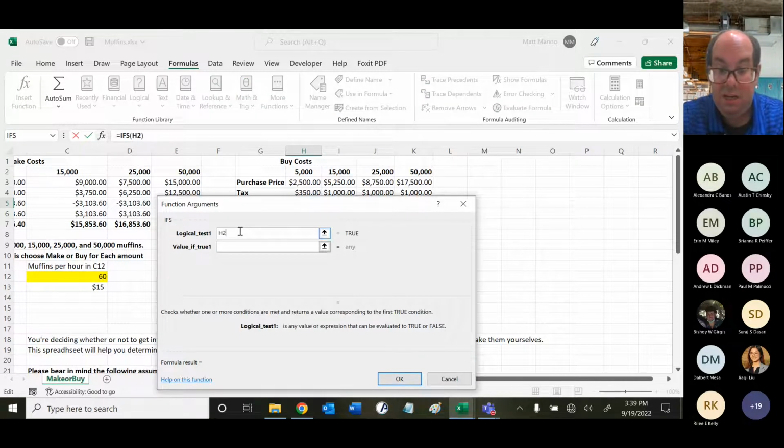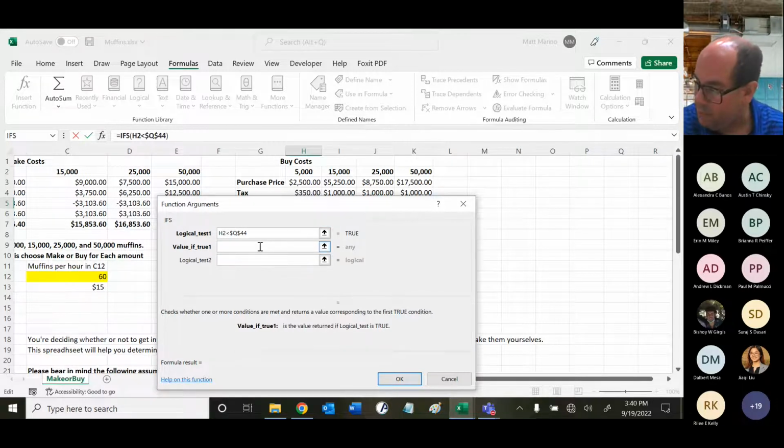So first we have to check if H2 is less than our 12,000, which you do absolute cell reference to Q44. If that's the case, you multiply H2, your number of muffins, by the absolute of Q43, which is our more expensive amount.